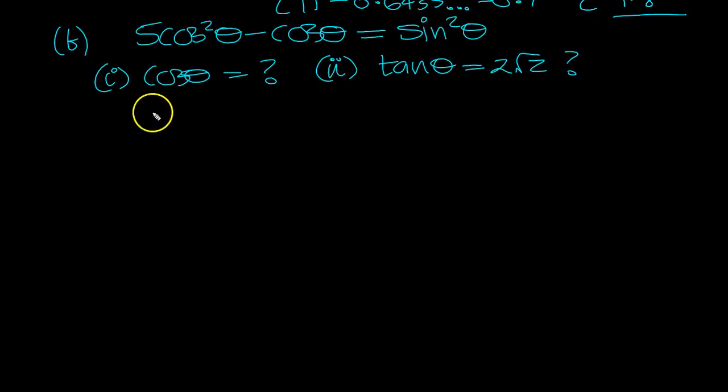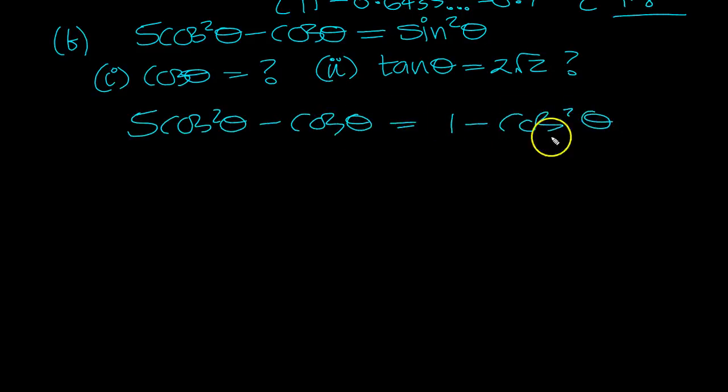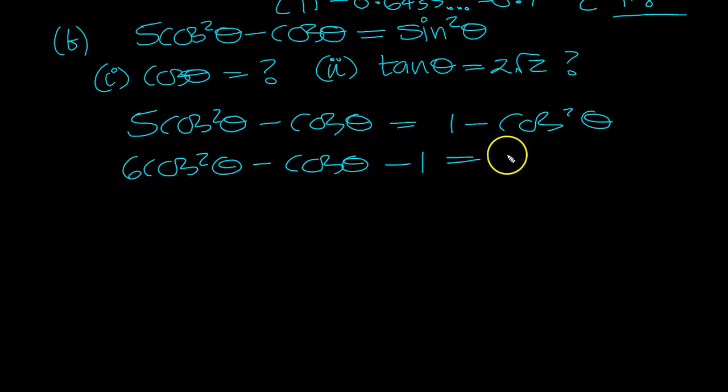So here we've got 5 cosine squared. Sine squared is 1 minus cosine squared theta. Move that over. 6 cosine squared theta minus cosine theta minus the 1. Move that over as well. Factorize. 3 and a 2, you would think.